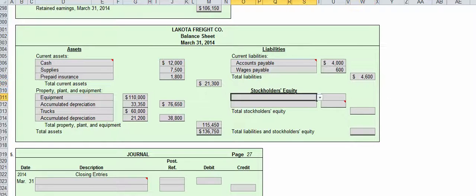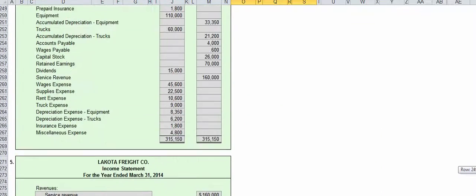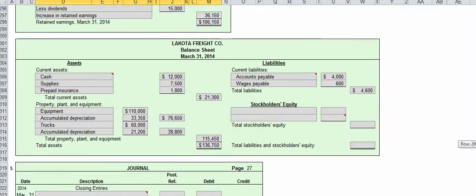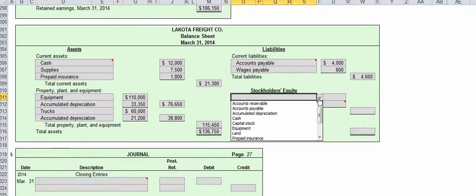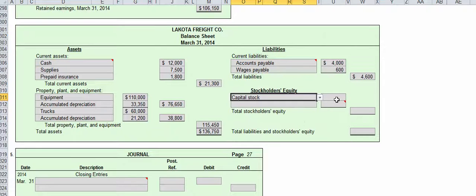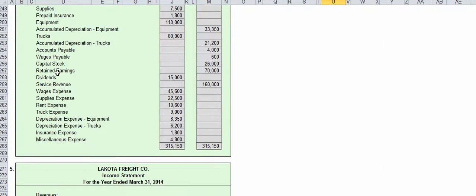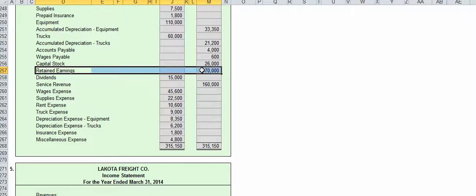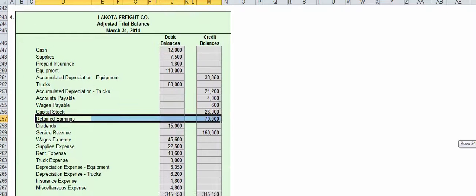Then for stockholders' equity, we're going to pick up our capital stock balance, $26,000. And we'll also pick up retained earnings. But you guys, a common mistake here would be to go back up to this adjusted trial balance and pick up retained earnings as $70,000.